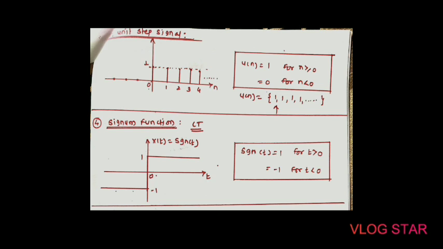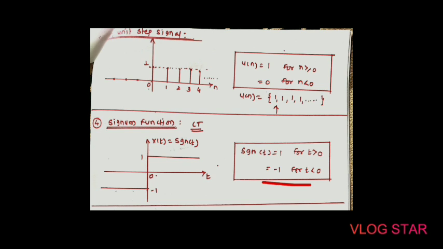Next type of elementary signal is the signum function. The signum function looks like this, and it is represented mathematically as follows. Signum of t is equal to 1 whenever the value of t is greater than 0, and it is minus 1 for the value of t less than 0.